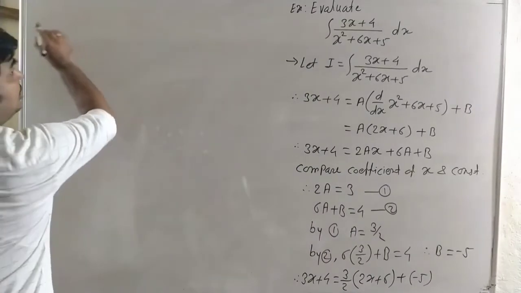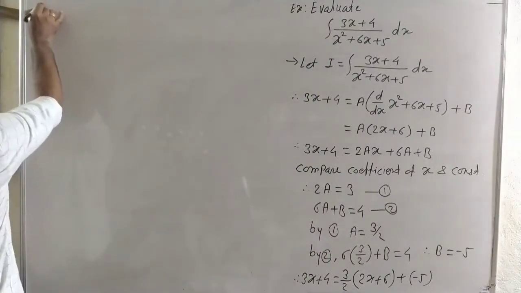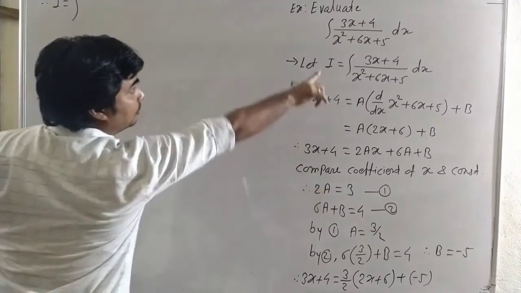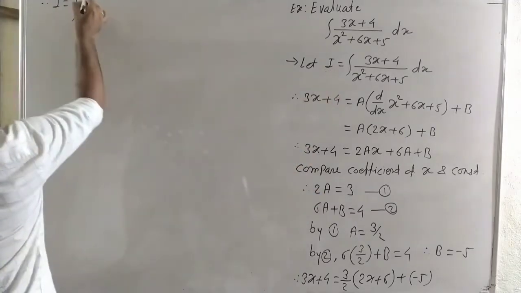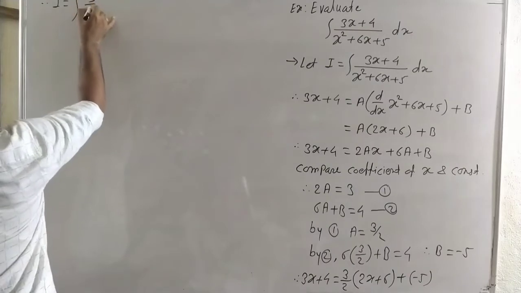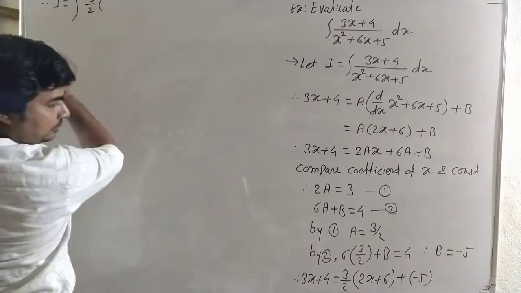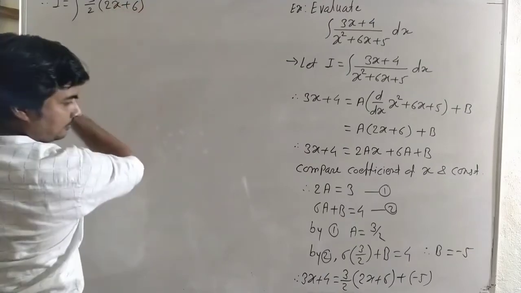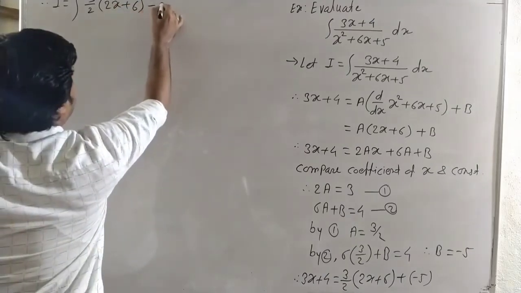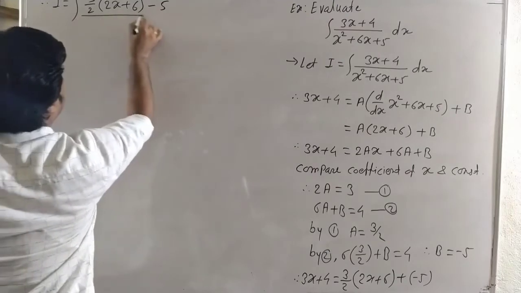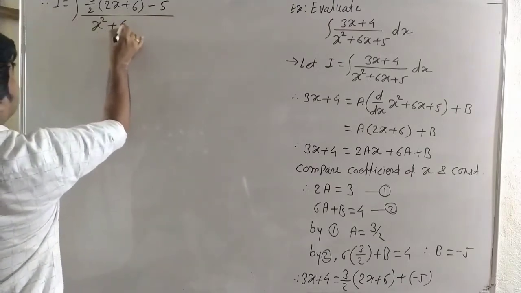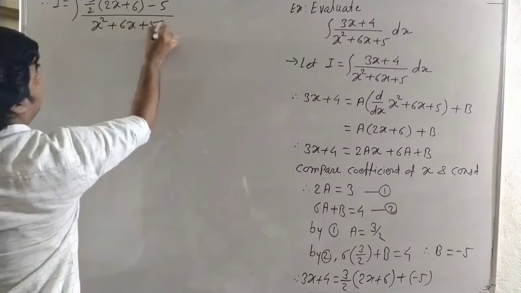So our integral becomes, here numerator 3x plus 4 can be written 3 by 2 into 2x plus 6 and minus 5 upon x square plus 6x plus 5 dx.